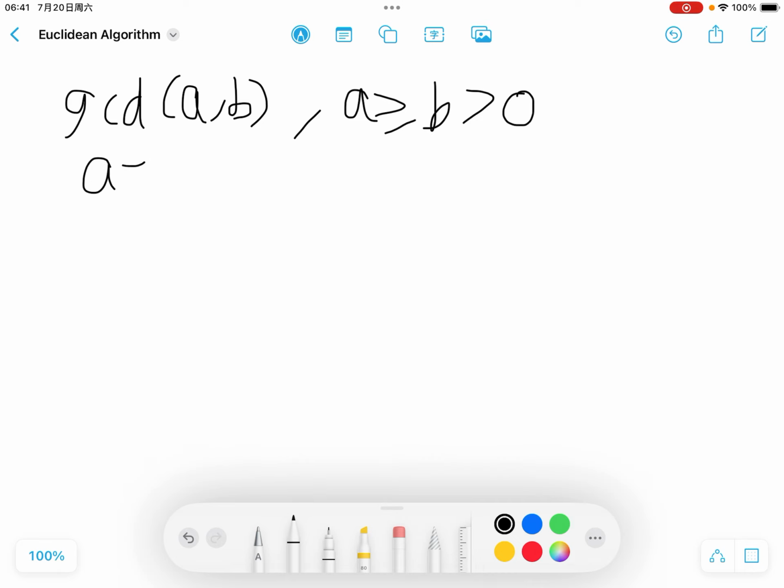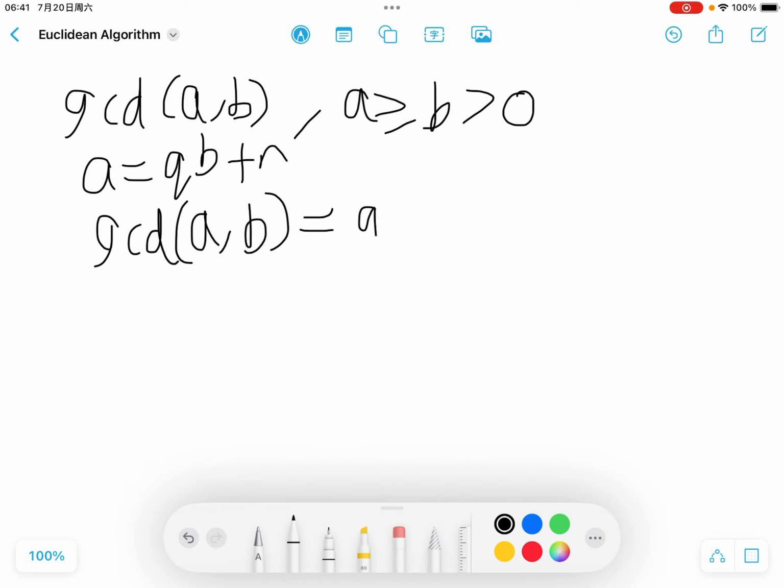Let's say A equals QB plus R. We're going to show that the GCD of A and B is equal to the GCD of B and R.